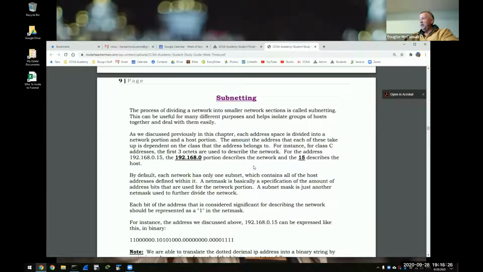As we discussed previously, each address space is divided into a network portion and a host portion for class A, B, and C. Just for review, as an example, this would be the network portion of a class C address, and .15 would describe the host portion. So by default, every network has only one subnet.